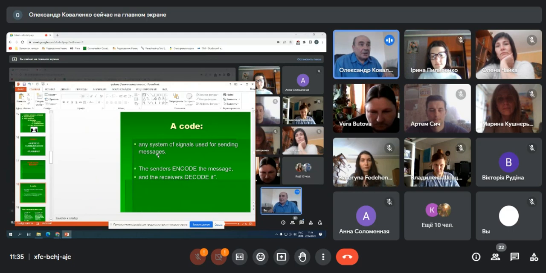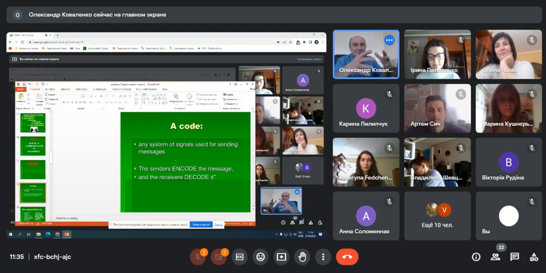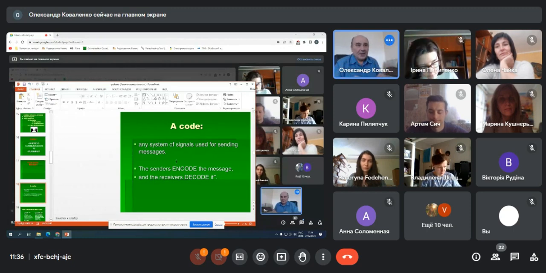A code. A code is a system of signals used for sending messages. And a sender encodes it. The listener decodes it. The writer, again, encodes the messages in his book, and the reader decodes the messages that are in the book, or that are supposed to be in the book.